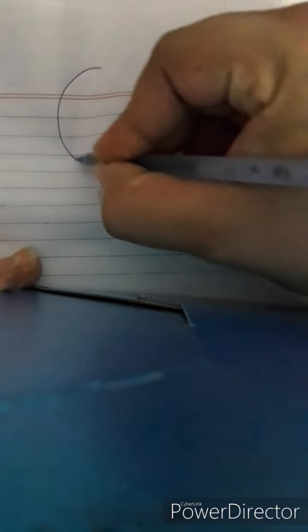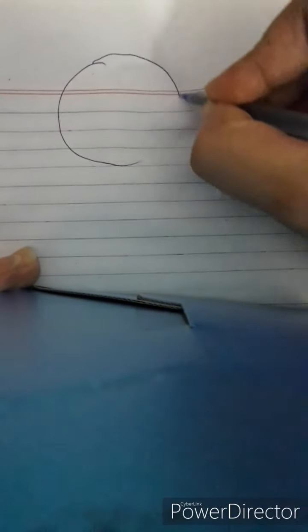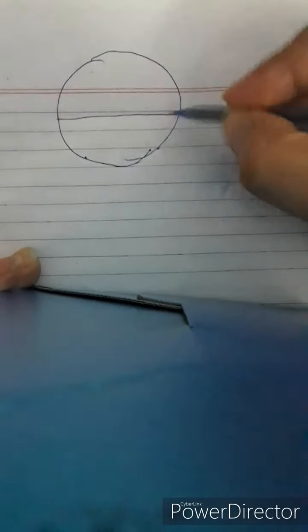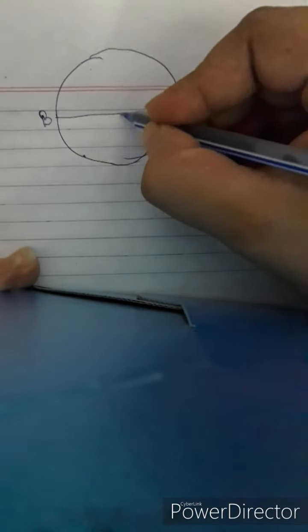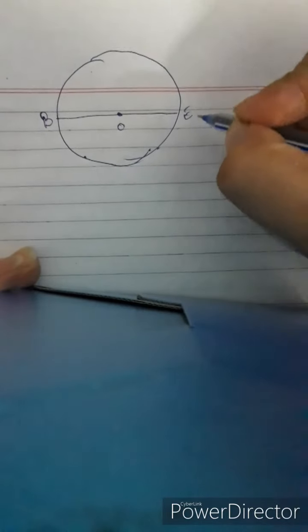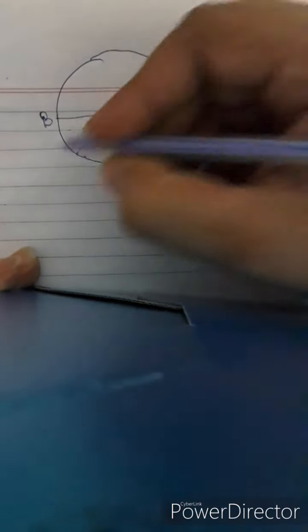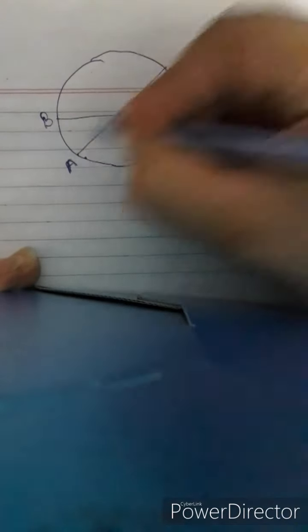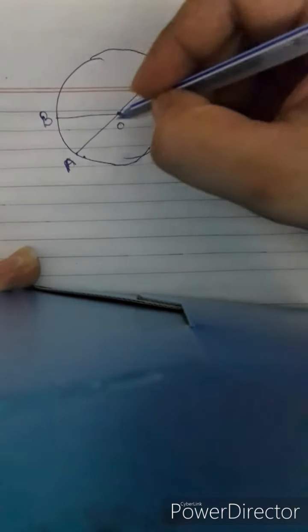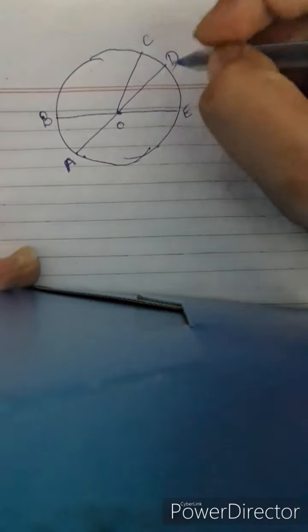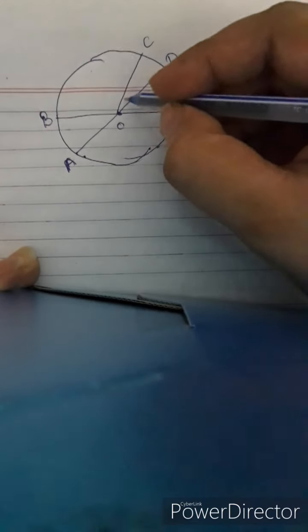Suppose this is a circle. DOE, OE is the diameter, AOD is another diameter, OC is the radius.